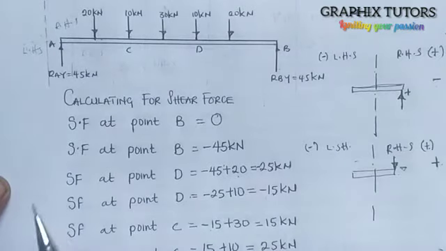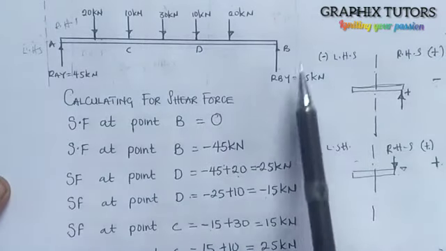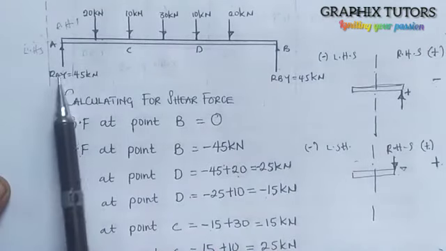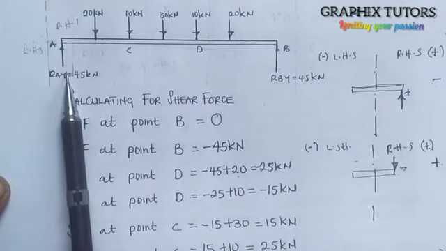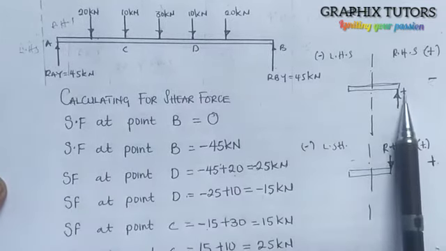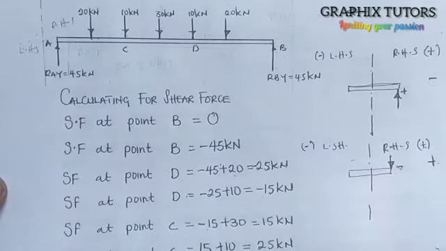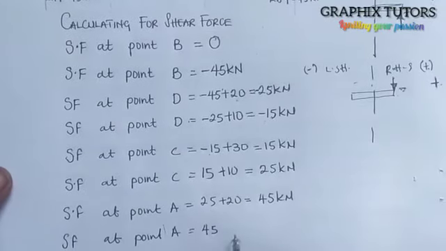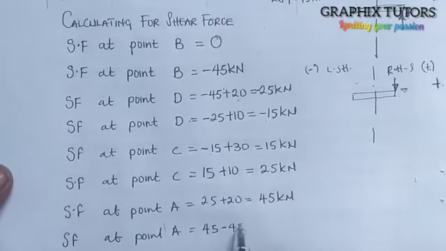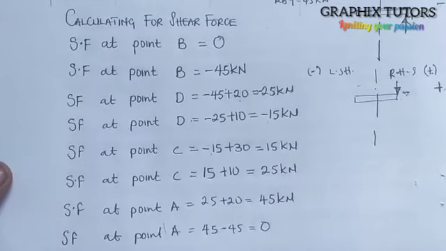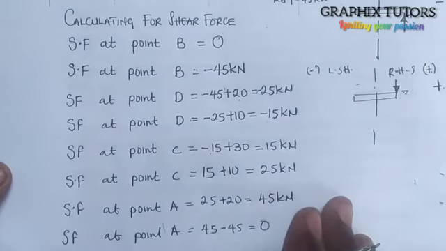Now what do you notice? The final answer here, the new introduced force is RAY, which is facing up. And when the force is facing up at the right hand side, the shear force is negative. So you are going to put minus the force facing up, which is negative. So that will be minus 45, right? And that will give us 0. So we successfully calculated our shear force here, right?